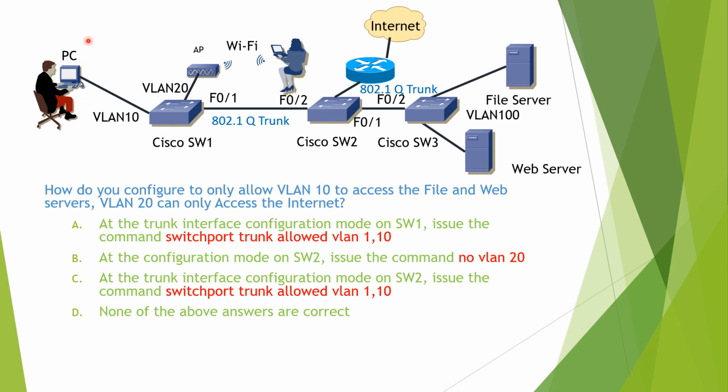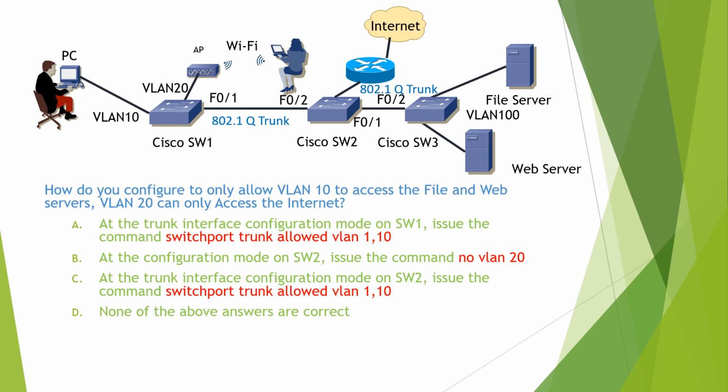When the PC needs to access the file or the web server, it has to send the frame to the router. The router will eject the frame in VLAN 10 to get the data and repackage the data into a new frame in VLAN 100 and forward it to either the file server or the web server.